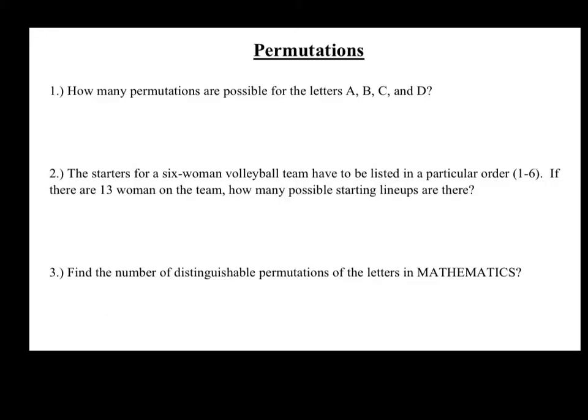So for calculating the permutations of something, it says how many permutations are possible, and remember permutations is just a word for arrangements, are possible for the letters A, B, C, and D. So since there are 4 letters, we could do 4 pick 4, but for permutations, because the order is important and we're using all 4 of those, we could also do 4 factorial, like 4 times 3 times 2 times 1.